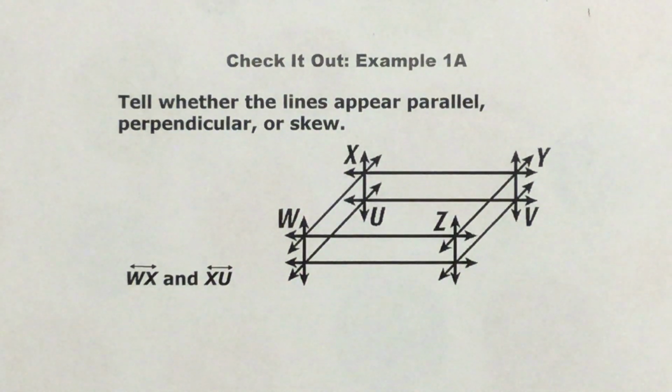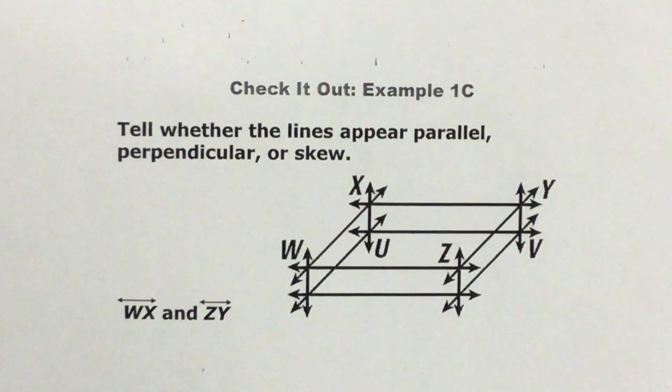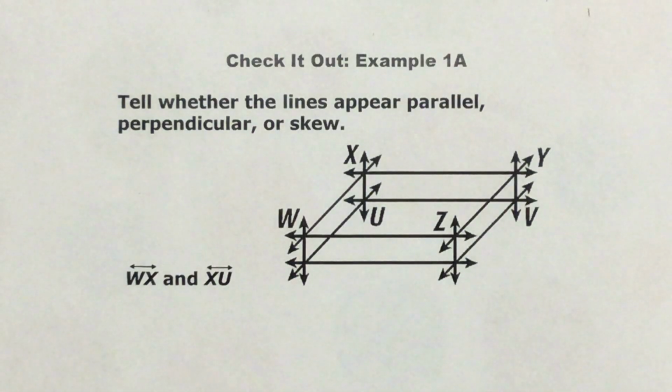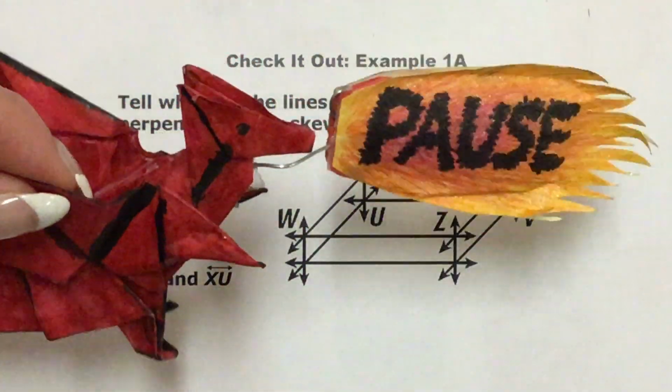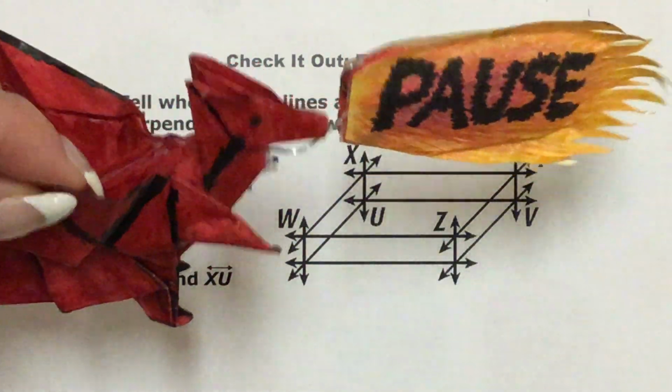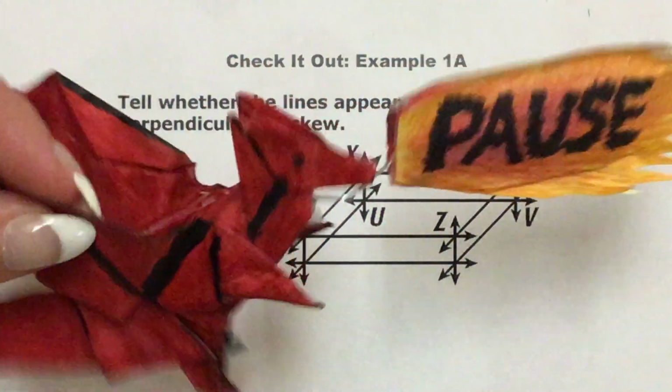I want you to try examples 1A, 1B, and 1C. So go ahead and pause your device right now. When you get done, press play and we'll see how you did. All right, see you in a bit.